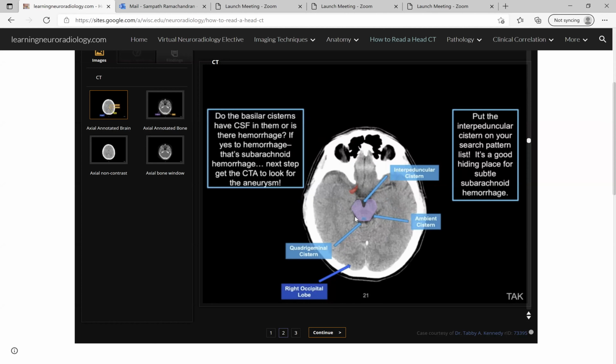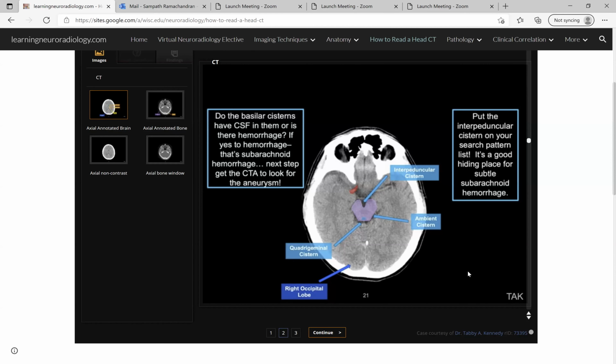I'll show you subsequently how these structures play an important role in picking up the pathology that can occur here in terms of bleed, and also in terms of these getting completely effaced in some cases if you have too much mass effect, which I'll go over in a short while. Like I told you before, this is the ventricular cistern of the fossa, which is the same thing here, and they are collections of CSF.